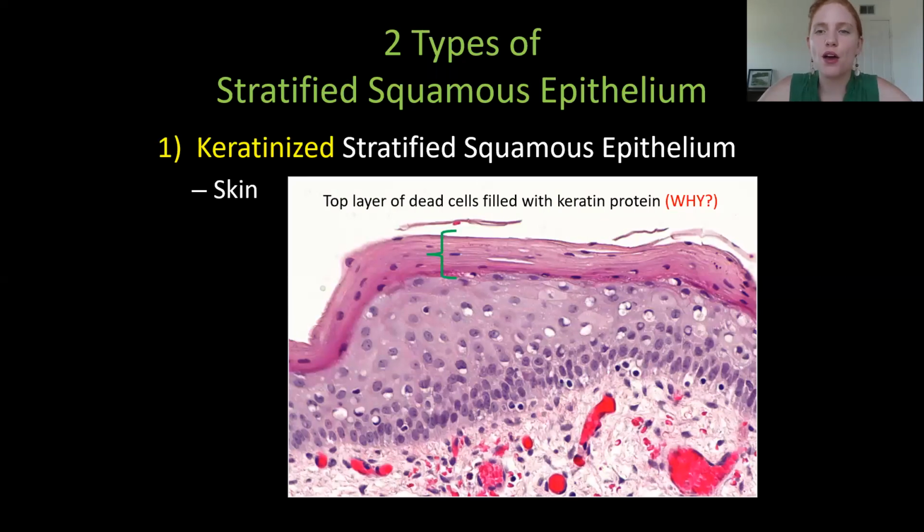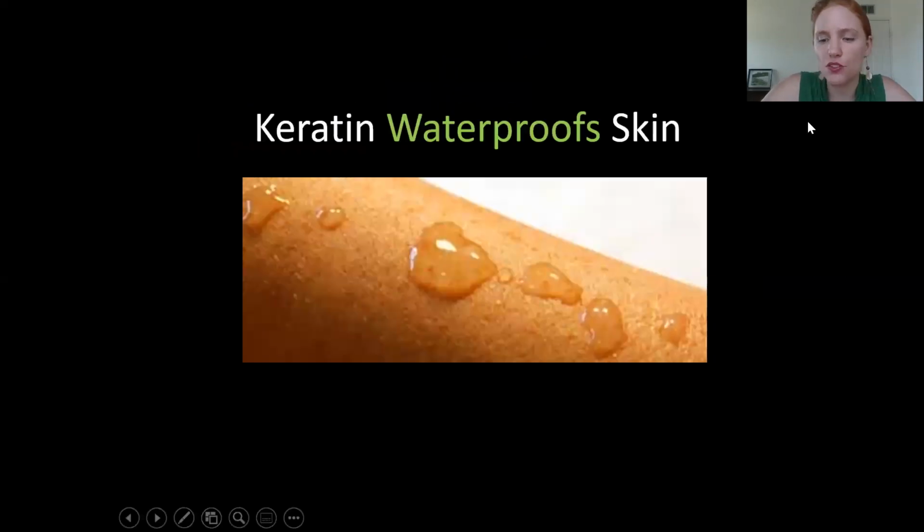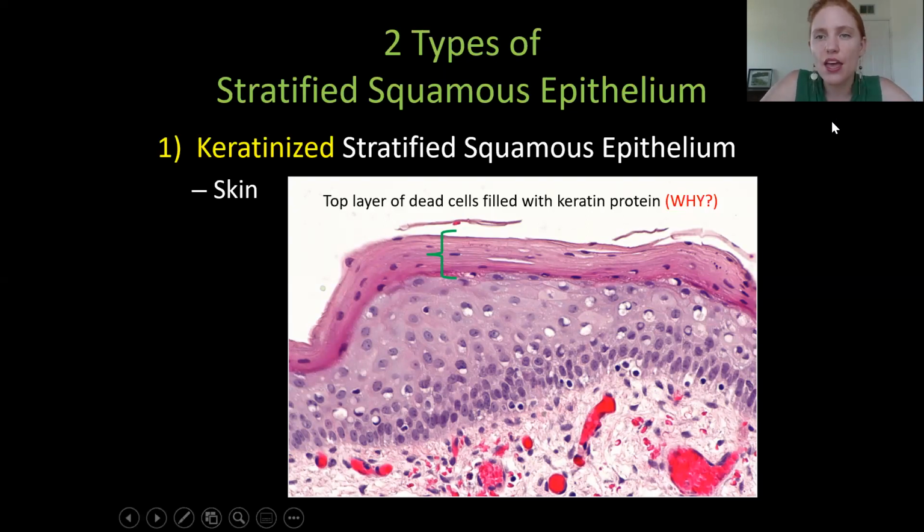Okay, let's talk about the two different types of stratified squamous epithelium. I sort of talked about it a little bit already. The first is keratinized. And what that means is, so here is stratified squamous epithelium, but you could also say that this is keratinized stratified squamous epithelium.